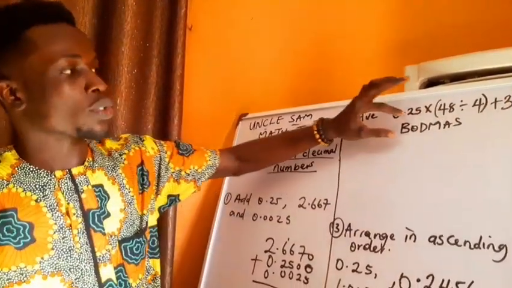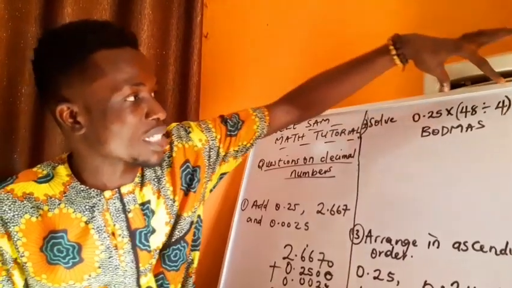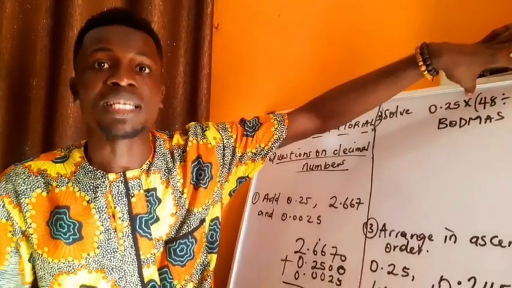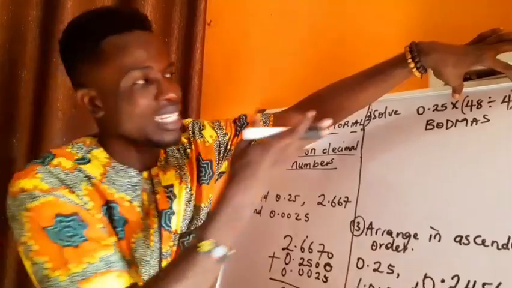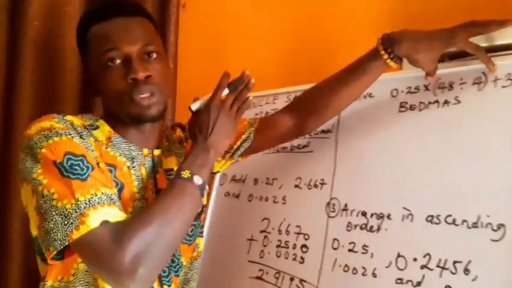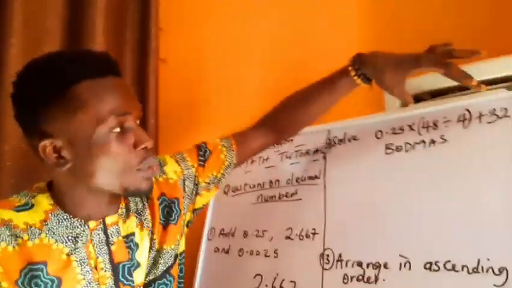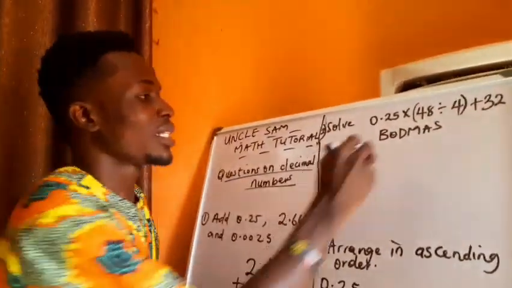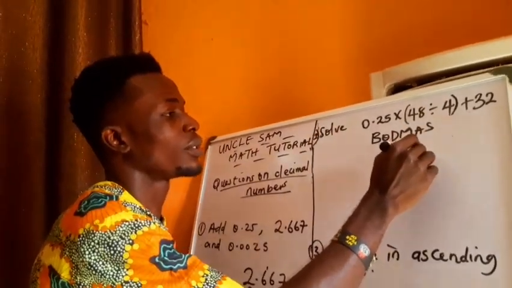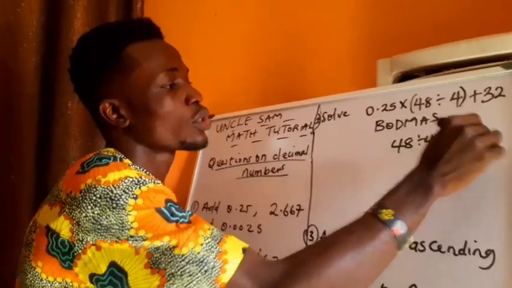This is just a sequence of solving this kind of complex question. So here we're going to start with bracket. We can see bracket in this question. Whether the sign inside the bracket is below or above, because of the bracket here, you're going to solve it first. So we're going to bring this 48 divided by 4 and solve it. 48 divided by 4 is going to give us 12.